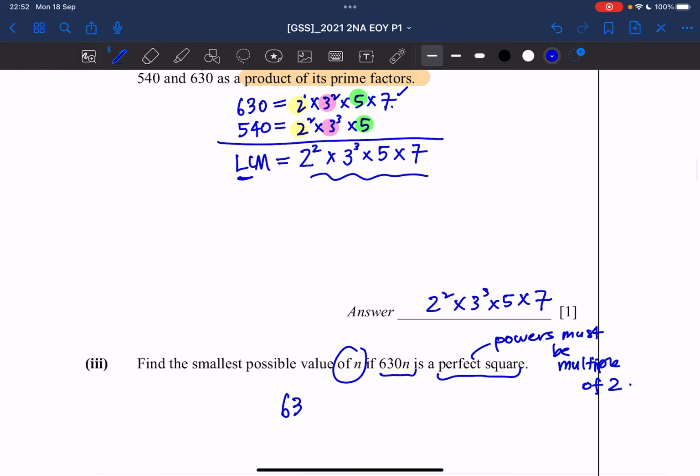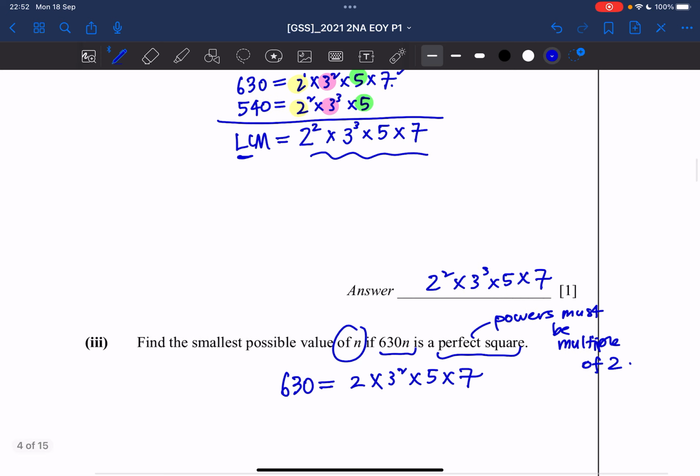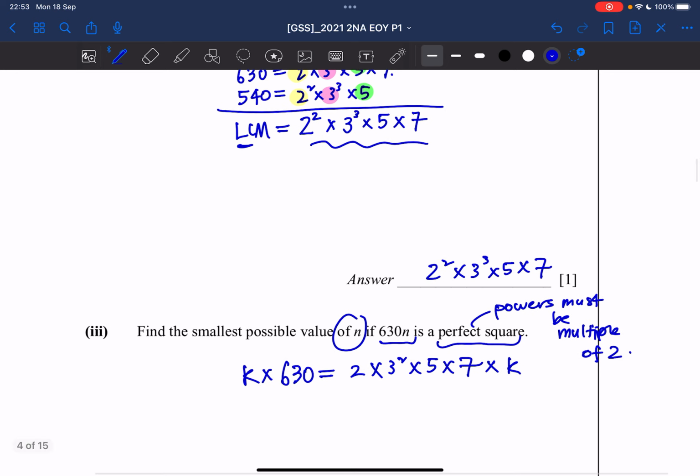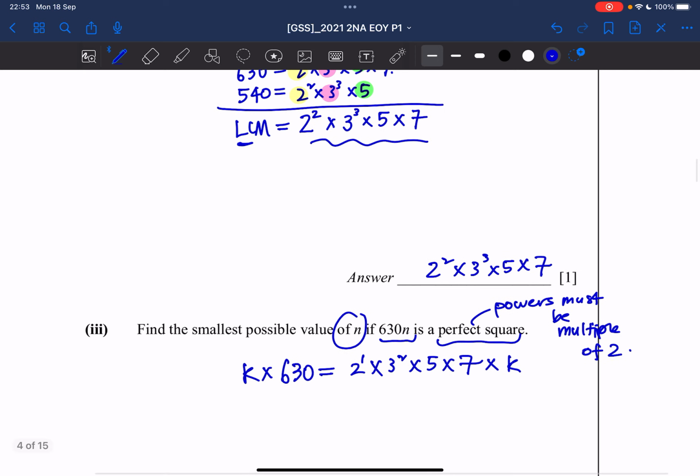So 630 is equal to 2 times 3 squared times 5 times 7. So we need to multiply with another k. So what happens is each one of these powers, we need to check. So this one is not a multiple of 2. So it must go up to an even number 2. So when you go up to number 2, k needs to be multiplied with another 2.